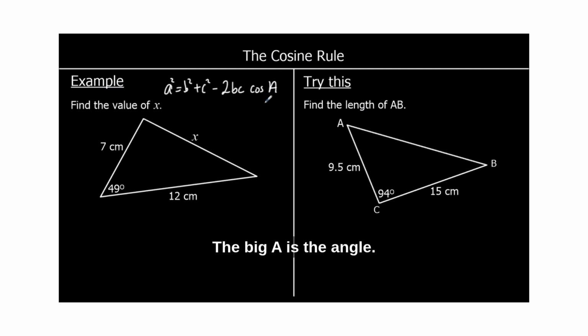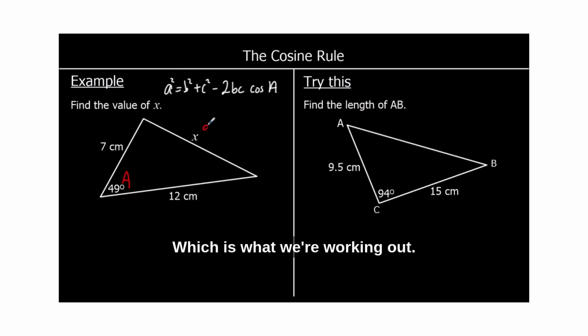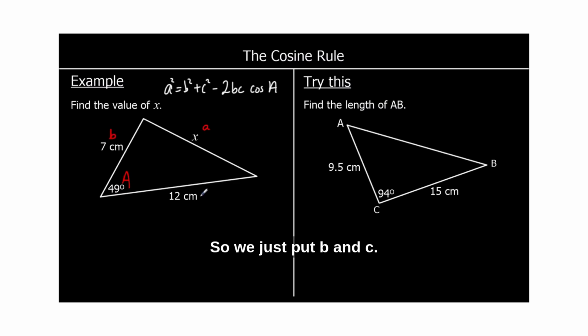The big A is the angle. There's only one angle we know. That's big A, and that's opposite little a, which is what we're working out. The other two are called b and c, and it doesn't matter which way round we put them.